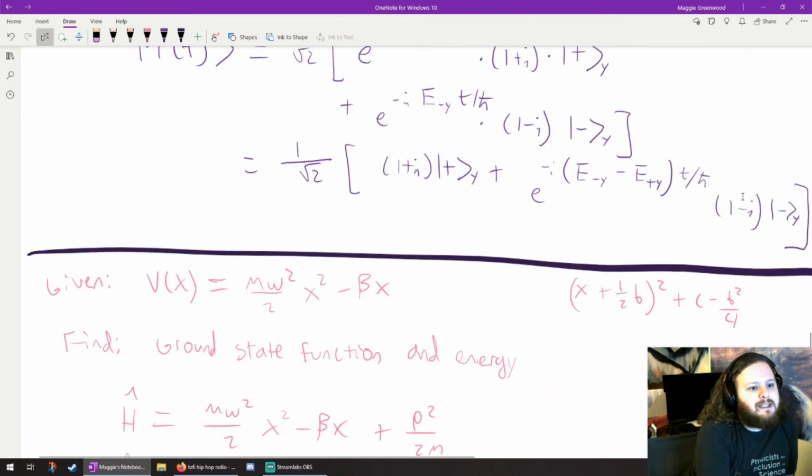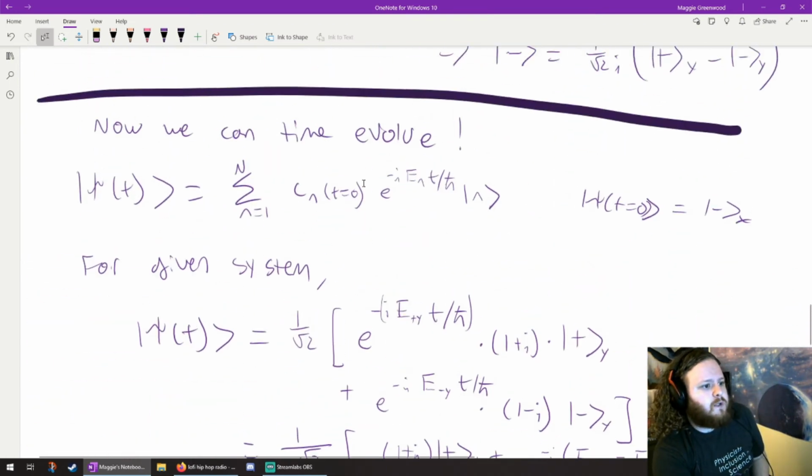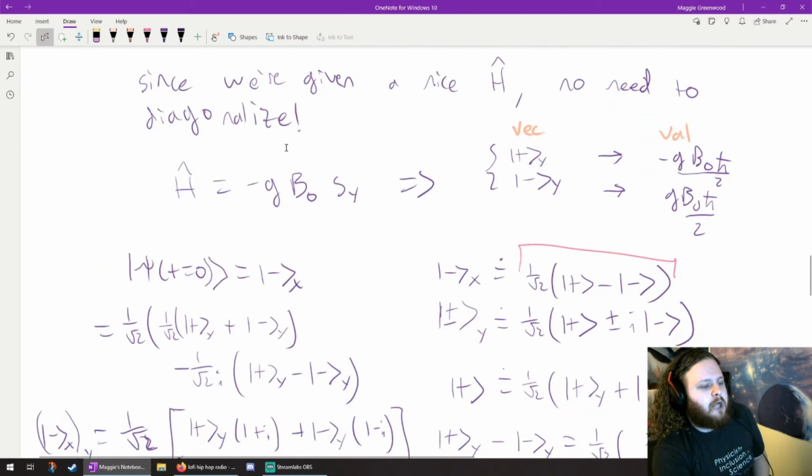And what I got was this last line down here after factoring out a global phase right before the line break. Did I mention what the Hamiltonian was up here? I chose a Hamiltonian that was g B naught S_y, which is simpler than what the quantum capstone students were given on the most recent homework.